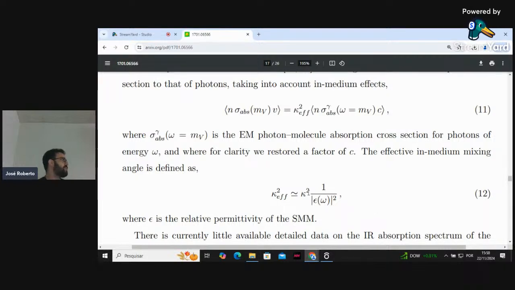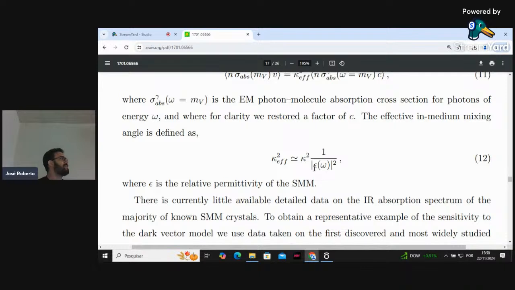Kappa effective relates to kappa, which is the coupling, and the permittivity of the material, which is related to the experimental stuff. You can find it in papers. Something it states here is that we don't have a lot of these parameters for SMMs available.